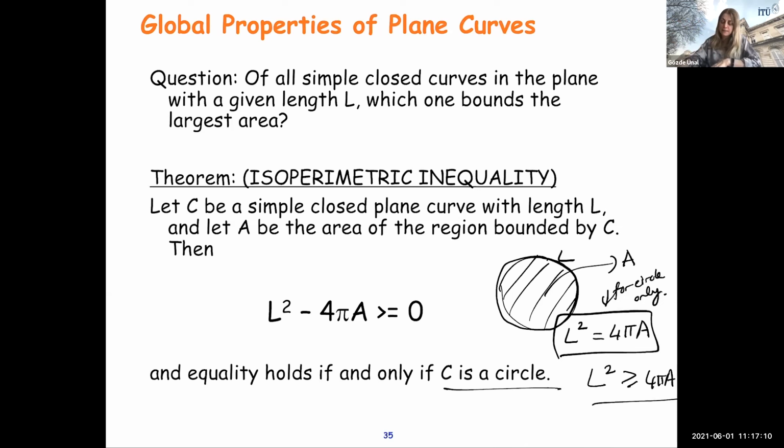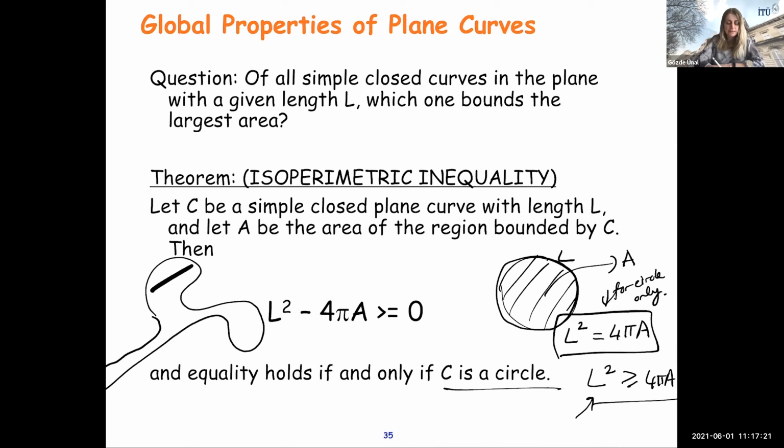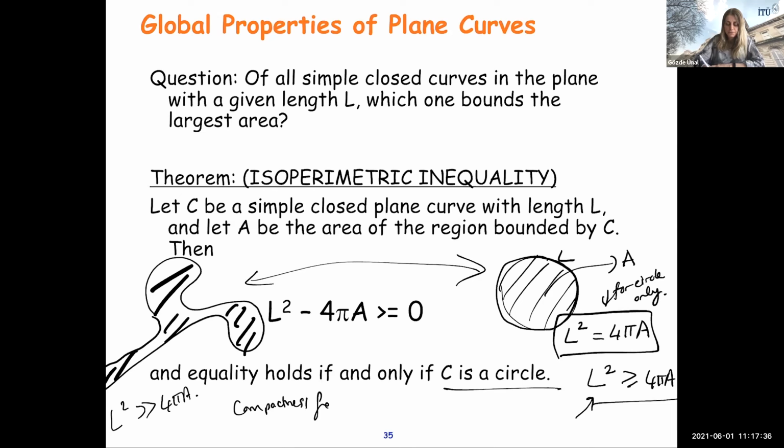If it's getting larger and larger, the length is much larger while the area is not that large, and this would be a very non-compact shape. Compare these two: here L squared is much, much larger than 4 pi A. So this is a compactness feature. You can think of L squared over A, or 4 pi A, for instance.